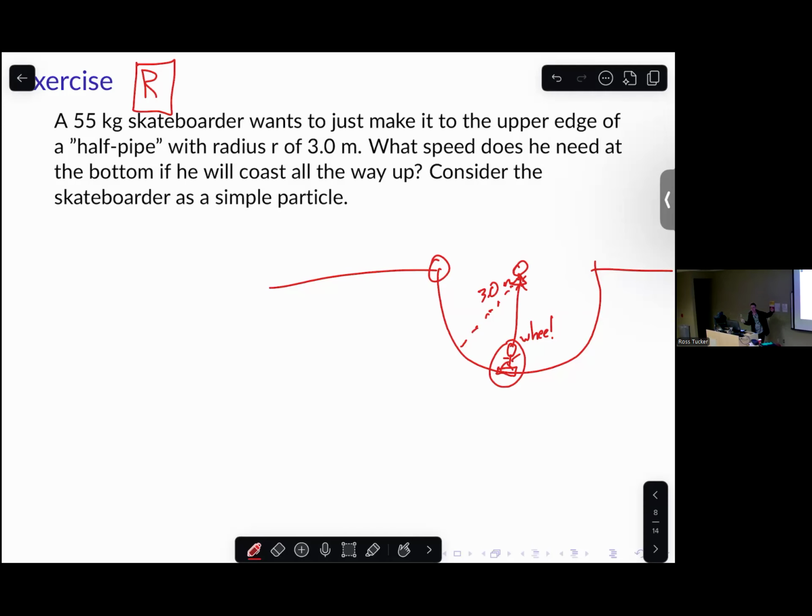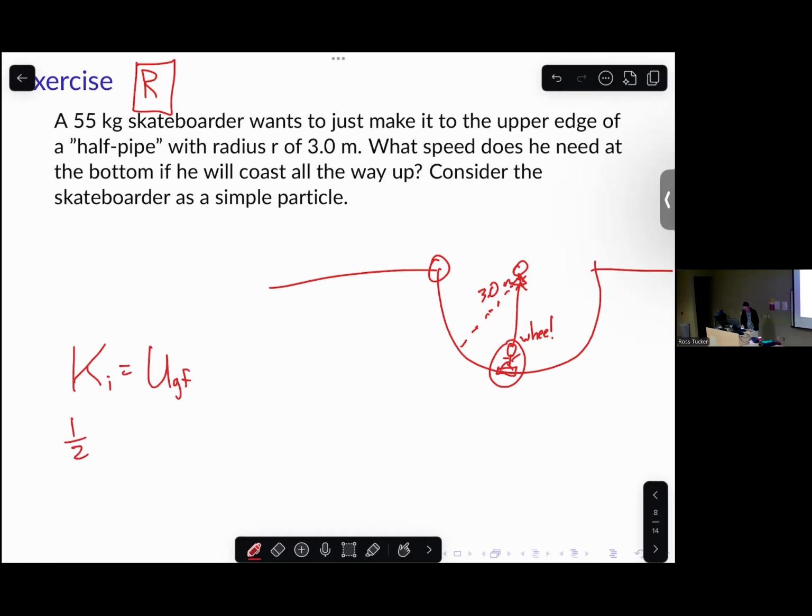So I claim there are no other forces that do work here. So I can just write down my initial forms of energy, which are what? There's only one. I'm not up and there's no spring anywhere in the problem. What's my final form of energy? If I'm just barely making it, my only form of energy at the end is gravitational potential.